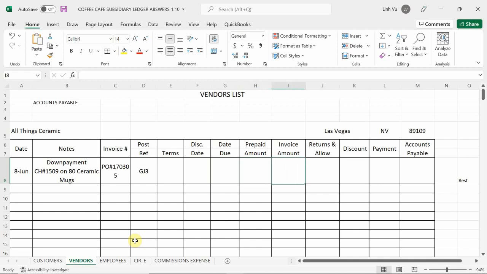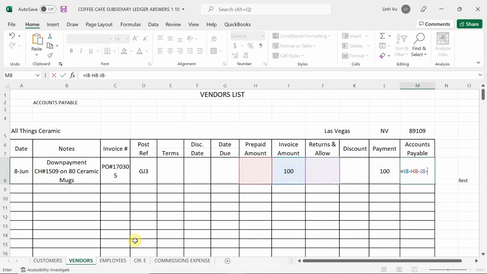However, we haven't received the bill yet. So in this case, on my purchase order, it tells me that I was billed $100 and that I paid using my check 1509. Okay? So in this case, if I put my formula in, right, invoice minus prepaid minus returns minus discounts minus payments, right now I owe All Things Ceramics nothing.